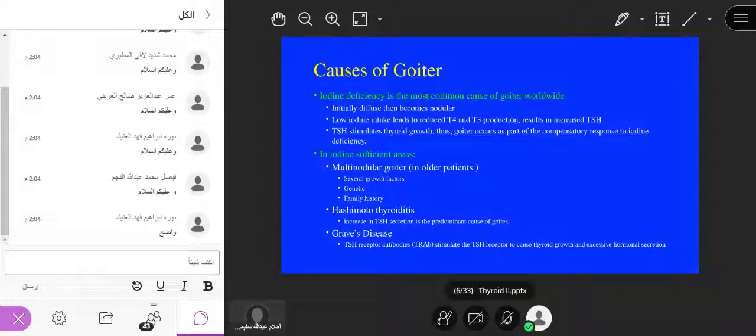Graves' disease is a common cause of goiter in hyperthyroid patients. So in a hypothyroid patient, Hashimoto thyroiditis; in a hyperthyroid patient, Graves' disease. And most of the time, if the patient is euthyroid, it's multinodular goiter, or in iodine deficient areas, iodine deficiency.